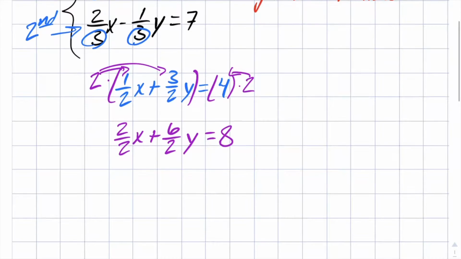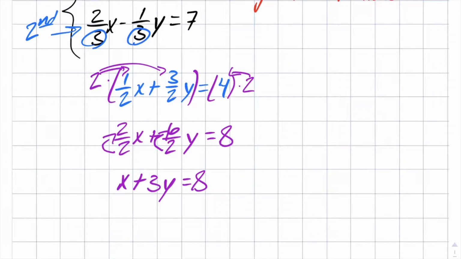Okay? Now we still have the fraction, but now it'll be easily divided. 2 goes into 2 one time. So I'm just going to write x. You could write 1x if you want. Doesn't matter. Plus 2 goes into 6 3 times. Y equals 8.